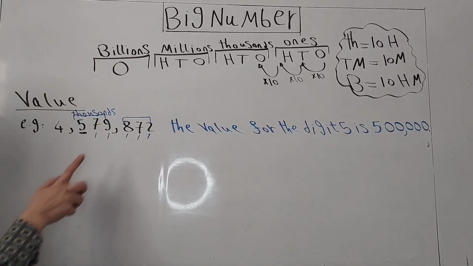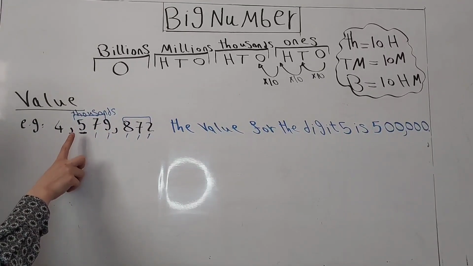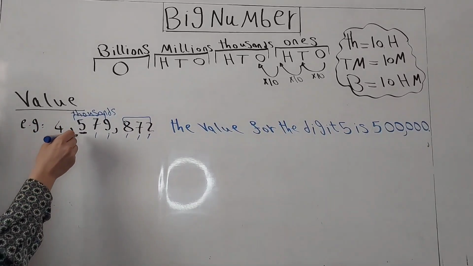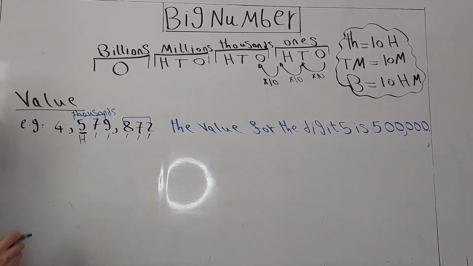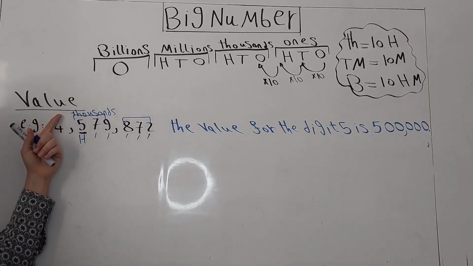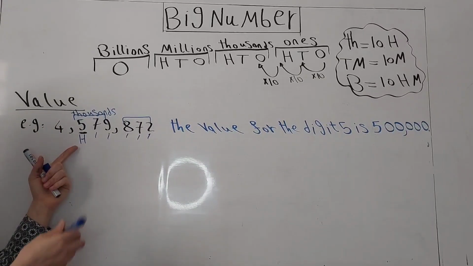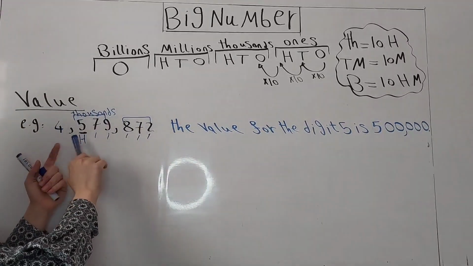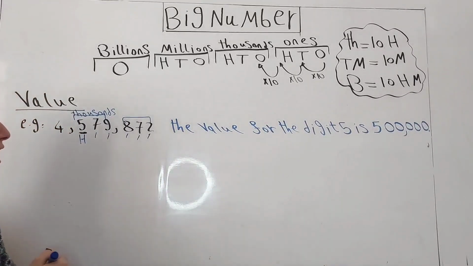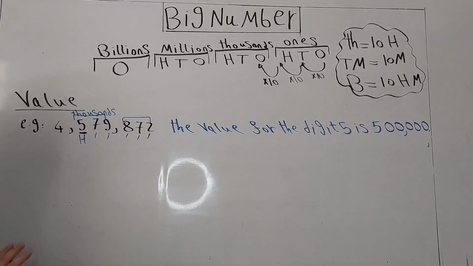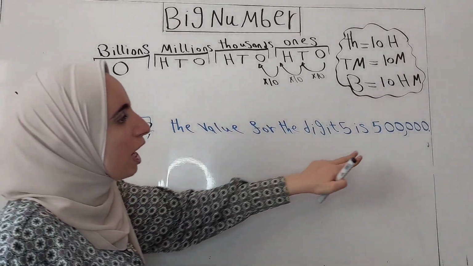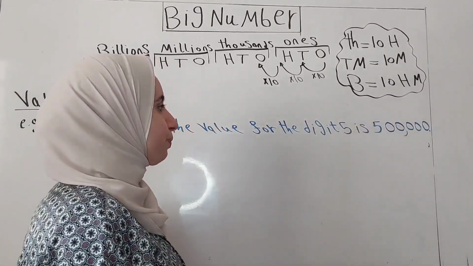In which place, ones, tens, or hundred? In the hundred place. If the digit is in the 100,000 place, we put 2 zeros for the 100 and 3 zeros for the 1000. It will be 5 zeros. So we read 500,000.